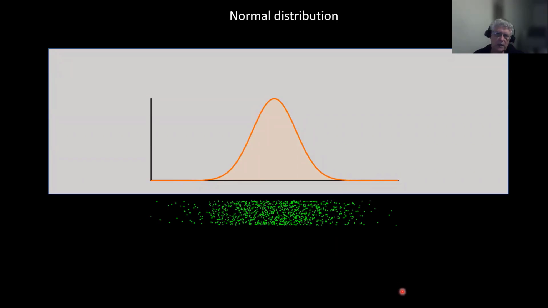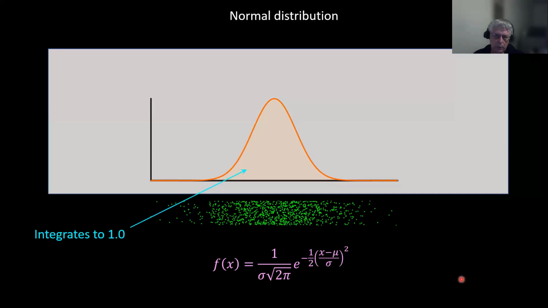And this is the bell-shaped curve, which you all know about, that characterizes the normal or the Gaussian probability distribution. There's the equation, with which you're all familiar, I'm sure. And like any other probability density function, the area under the normal distribution integrates to 1.